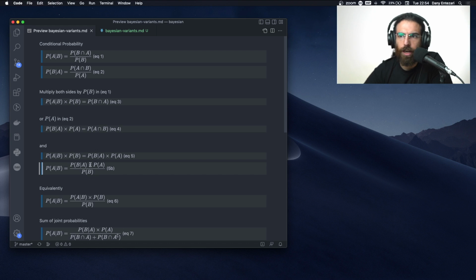But up here in equation 5, we said that the probability of B given A times probability of B is equivalent to the probability of A given B times the probability of B. So another way to write this is that these two are equivalent.